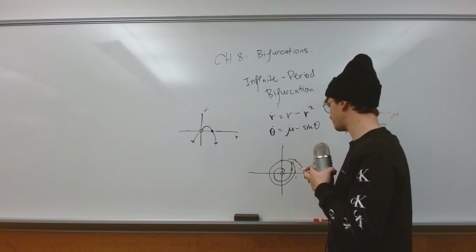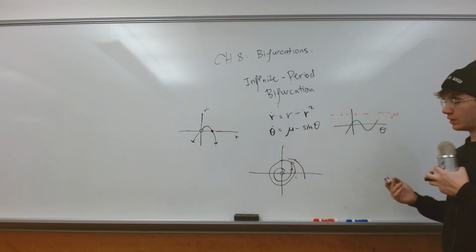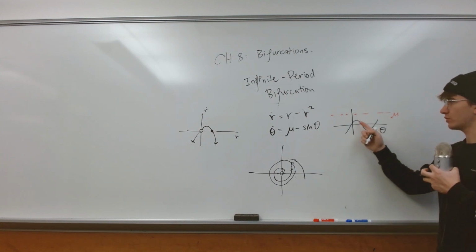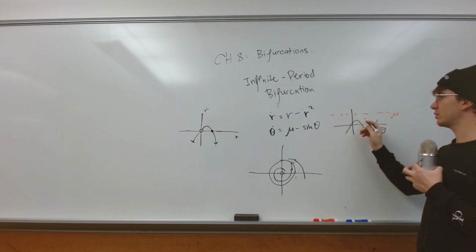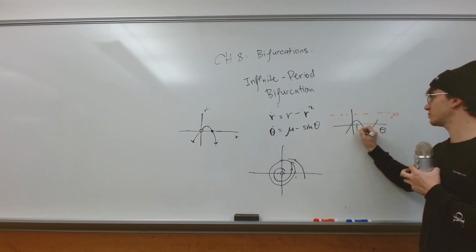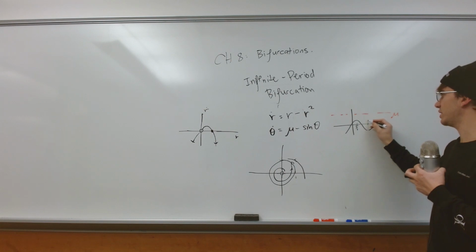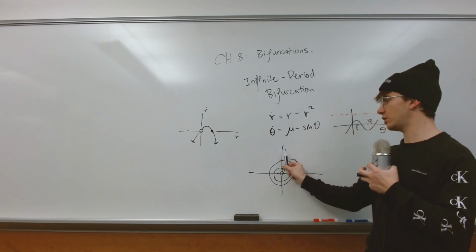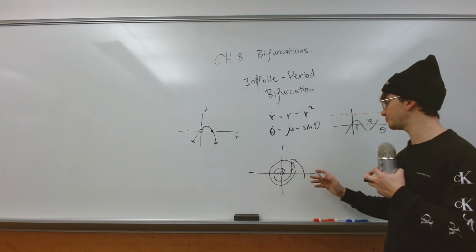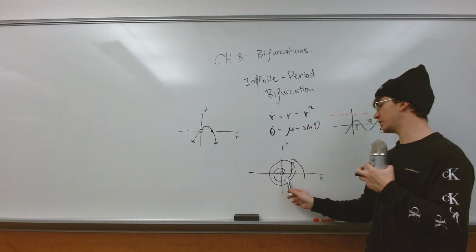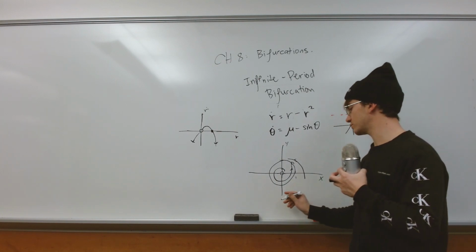Also, one thing I'll note is that since I'm subtracting sine theta, the magnitude of theta dot is going to be smallest at pi halves, and it's going to be largest at 3 pi halves. So at pi halves, precisely along the positive y-axis here, we're going to have slower movement, and then on the negative y-axis, we're going to have fast movement.